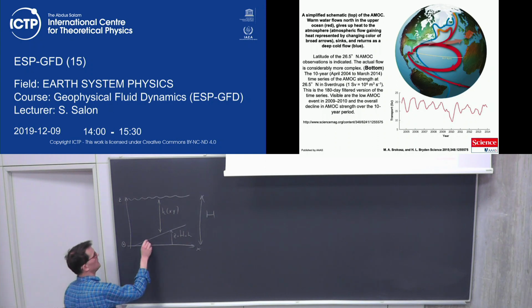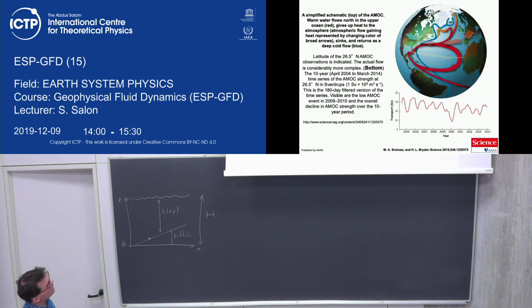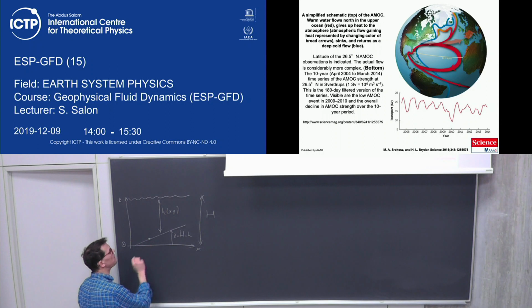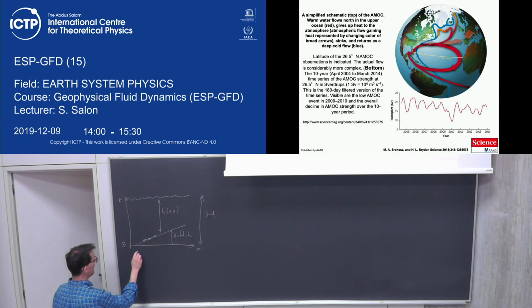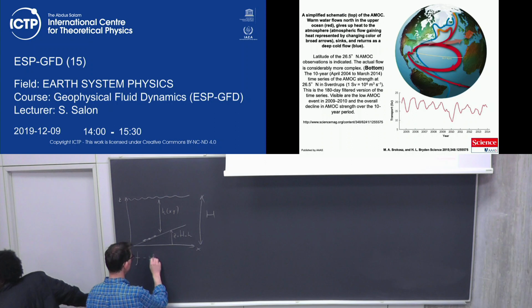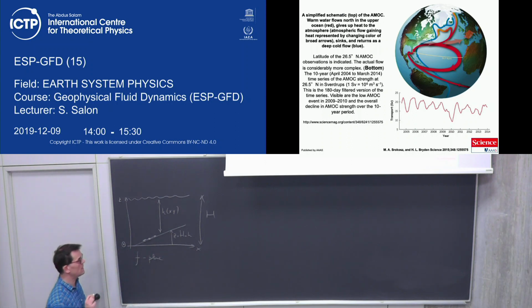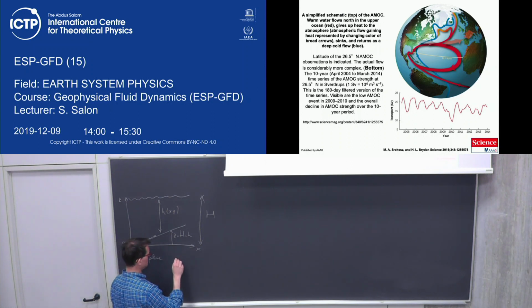So let's think about a parcel which is here. Our question is, will this parcel be able to go up or down? If we are in the F-plane, we said that the flow is non-divergent, so ∂u/∂x plus ∂v/∂y is equal to 0.